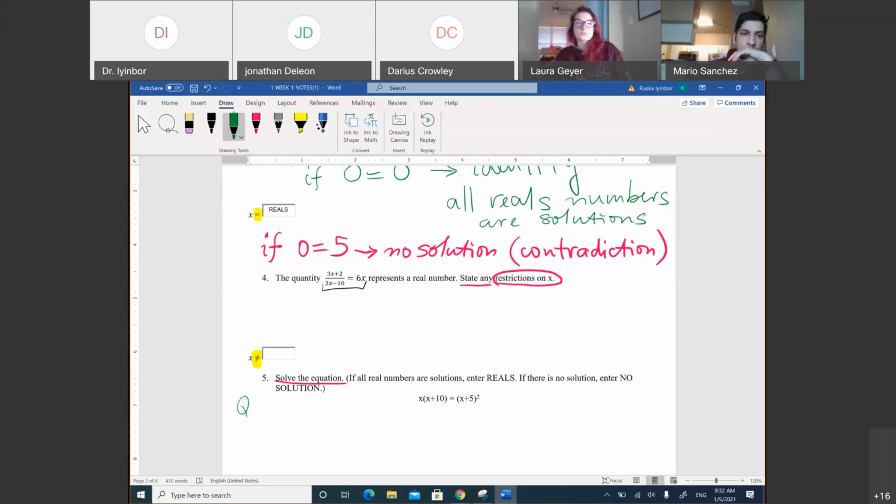Looking at the equation, it has a fraction. So we have to think about it: you have x in the bottom and x in the top. So how do we get restrictions? Let's think about what a fraction is. Fraction means what? Division. Division, that's right. Fraction means division.